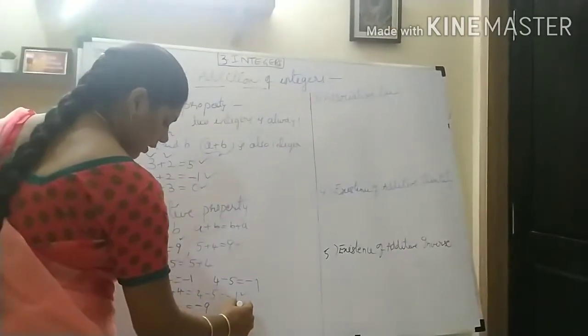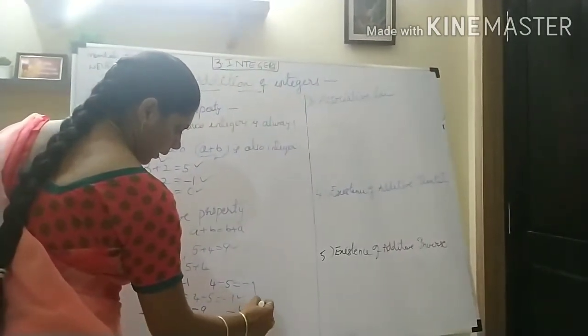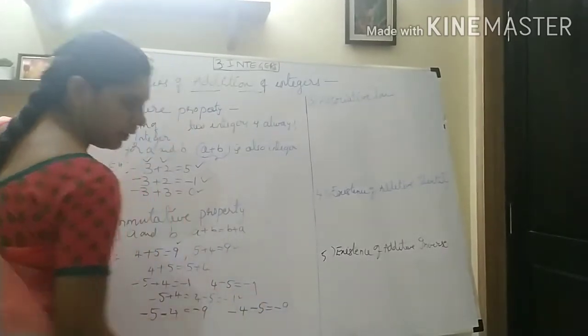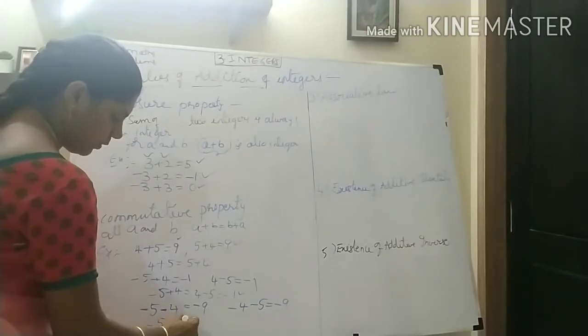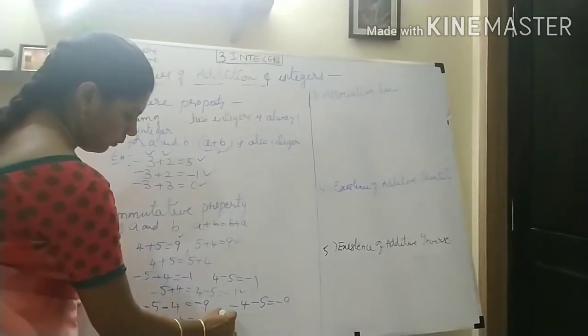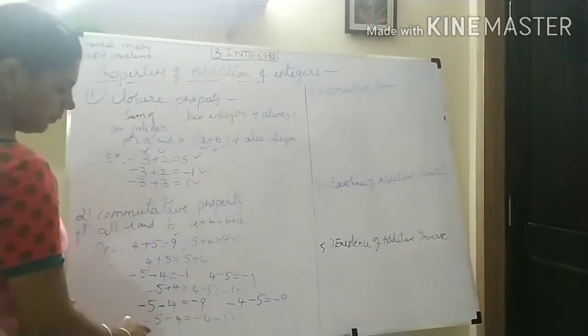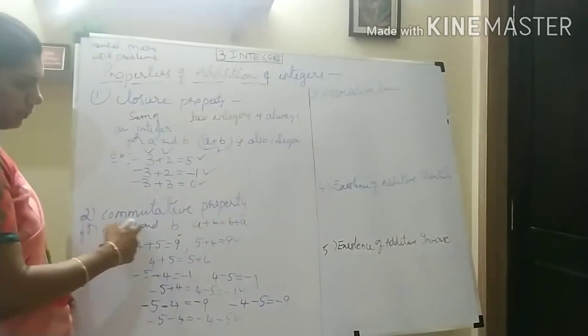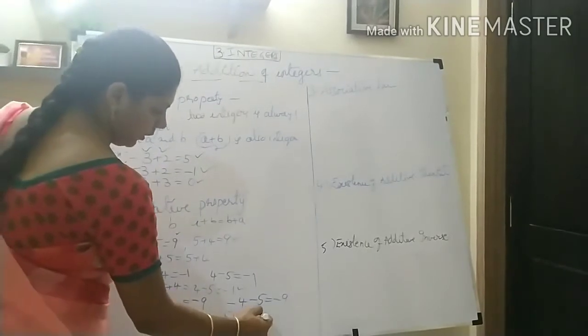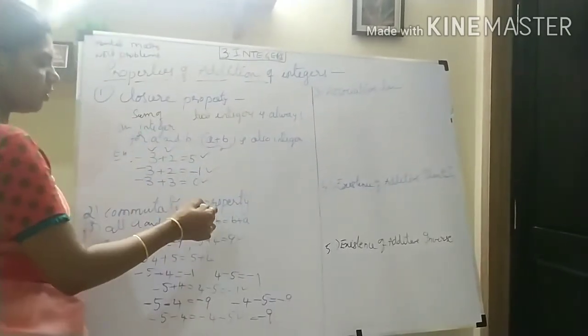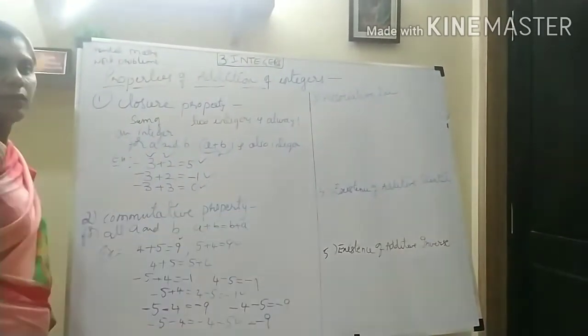Now I am exchanging: minus 4, minus 5. That time also you will get minus 9 only. So what can we write here? Minus 5 minus 4 is equal to minus 4 minus 5. According to our description, A plus B equal to B plus A, and that time also you get an integer only. So commutative property is also satisfied.